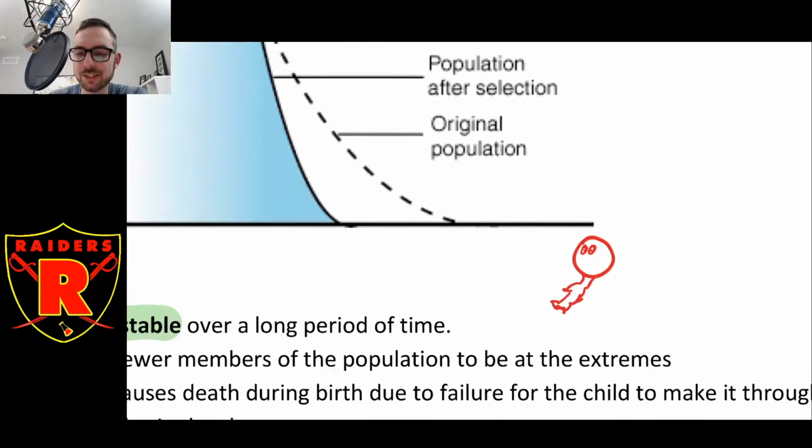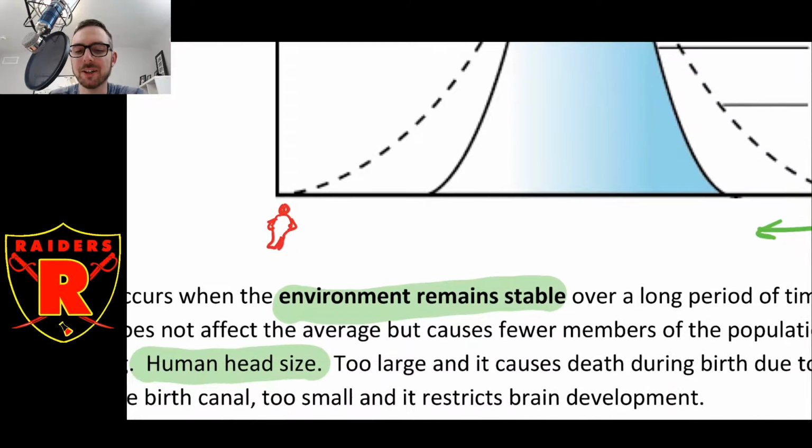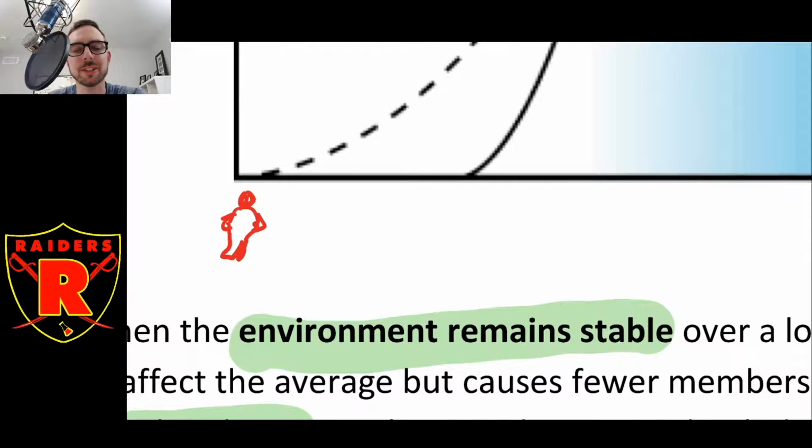So we've got a selection pressure here saying, okay, heads can't be too big. Then on the other side here, we also have another selective pressure, which is that if babies' heads are born too small, you don't get adequate brain development. You don't get a fully functional human if the brain is too small at birth. And so you have a selective pressure pushing in the opposite direction, because a really, really small-headed baby doesn't have the same survival potential and reproductive potential as a baby with a larger head.